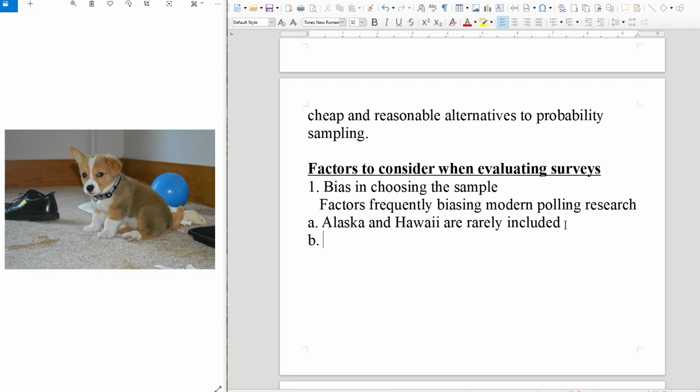B, second thing is 7 to 8% of U.S. households cannot be reached by telephone. So either their telephone isn't working, or they don't have a telephone listed. They just have their cell phone, and this is something that's getting worse rather than better.